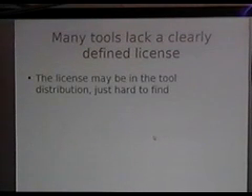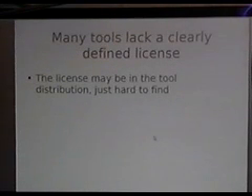The other really big issue that I've seen is that a lot of tools just don't have a license, or you just can't find it. Maybe for some of these that I'm going to mention, the license is in the tool distribution, it's just hard to find. I have seen ones where the binary that gets compiled or distributed doesn't have any license associated with it, but the comments in the source code files say this tool is under the GPL or whatever license, which is really not sufficient.